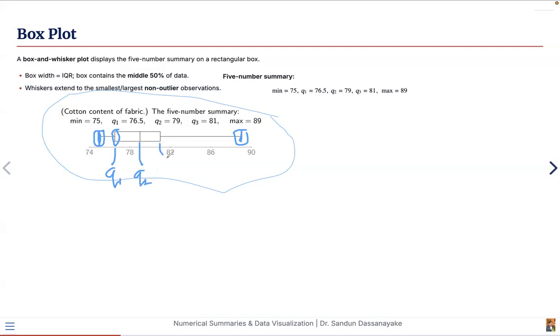And then you have the third quartile here, right? The box itself is the decoration. These values indicate the spread. The width of the box is Q3 minus Q1, that is the interquartile range.